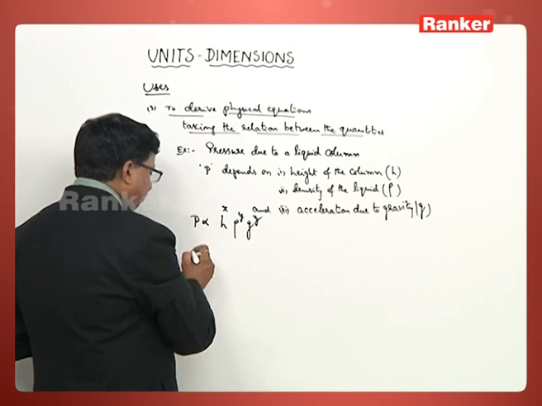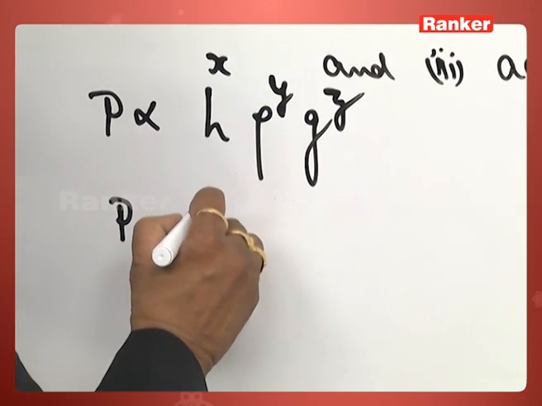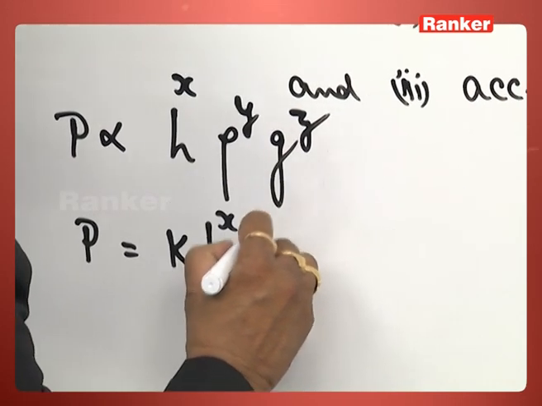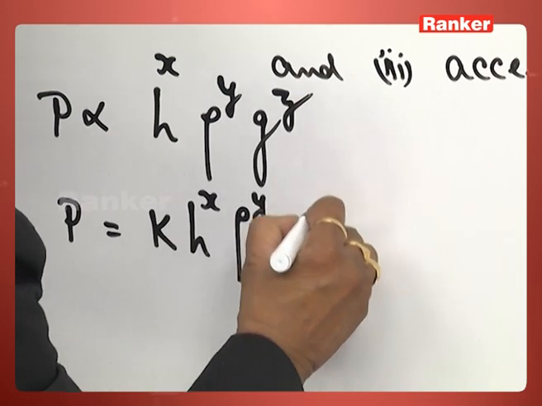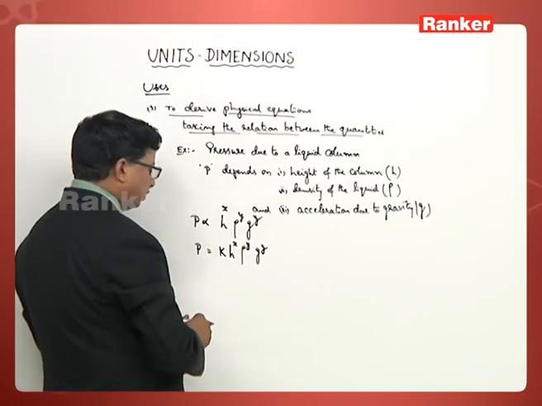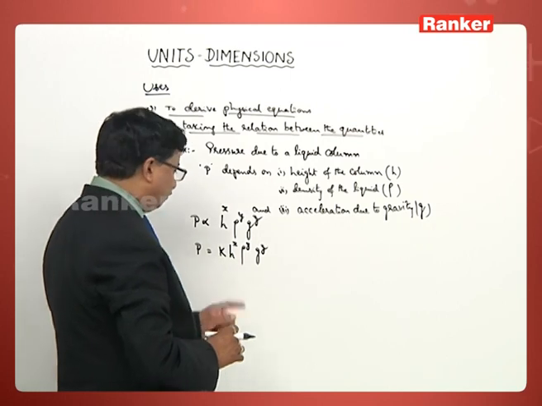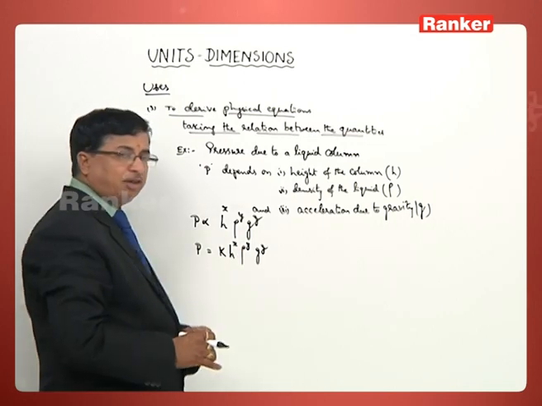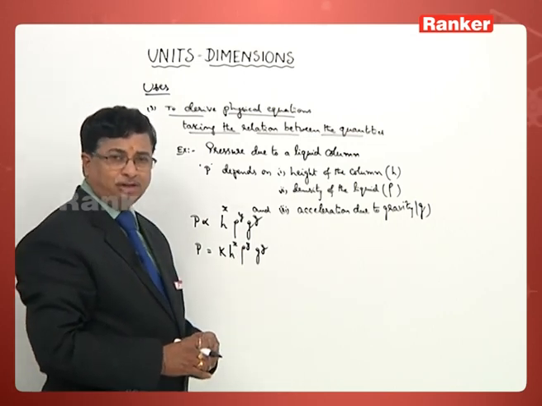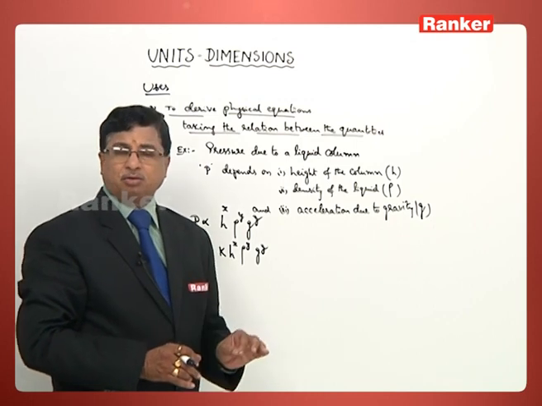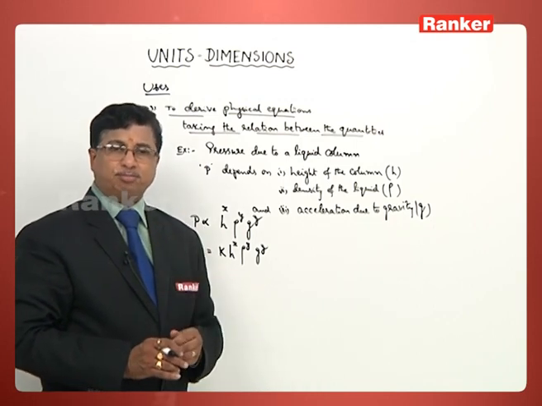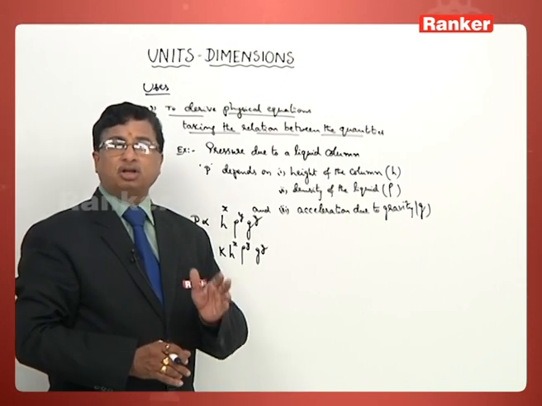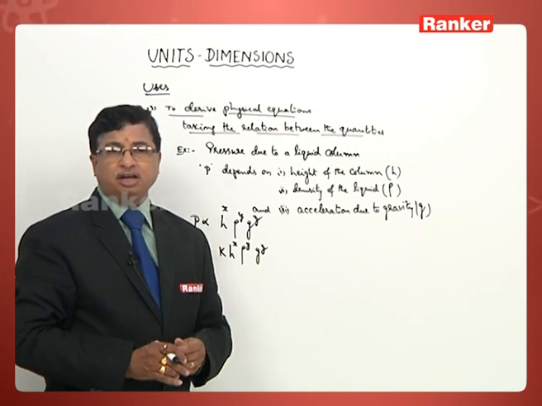So, what is to be done? You take P is equal to first a constant k into h to the power x, rho to the power y, g to the power z, you write first. What is that k? Everyone can directly understand it is the constant of proportionality. In fact, one should understand that values of constants of proportionality one cannot directly calculate using dimensional methods. That anyhow we are going to discuss a little later while discussing the limitations of dimensional analysis.